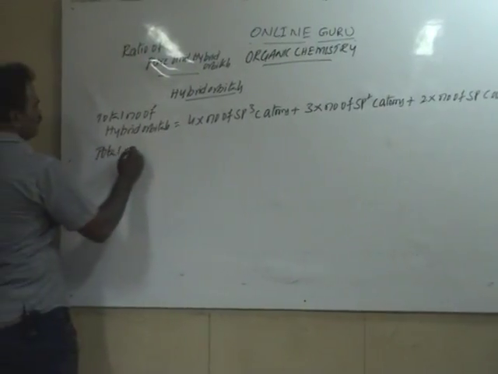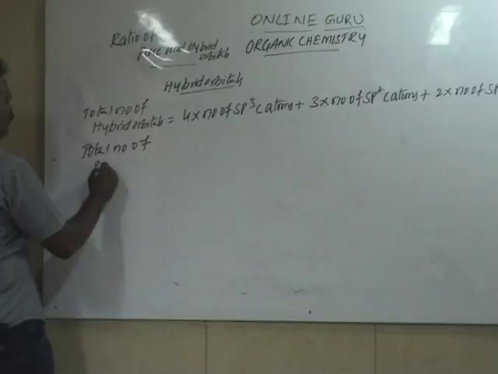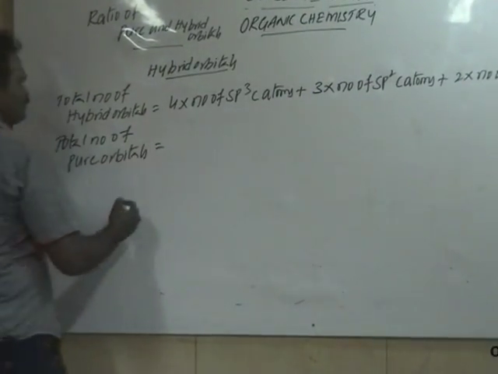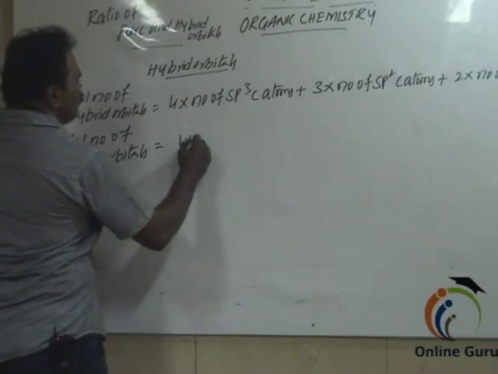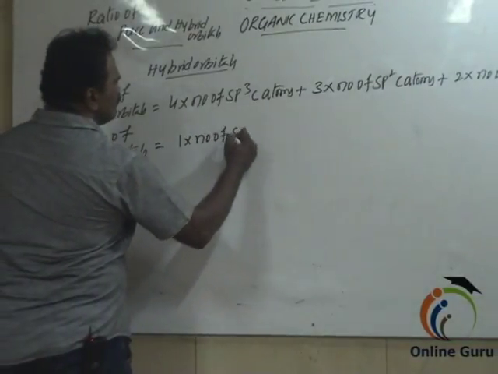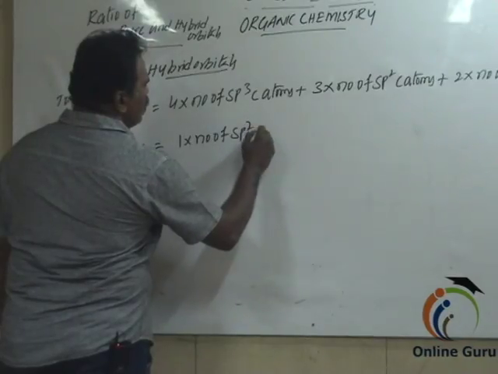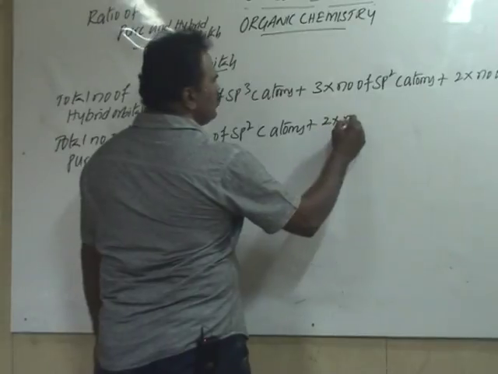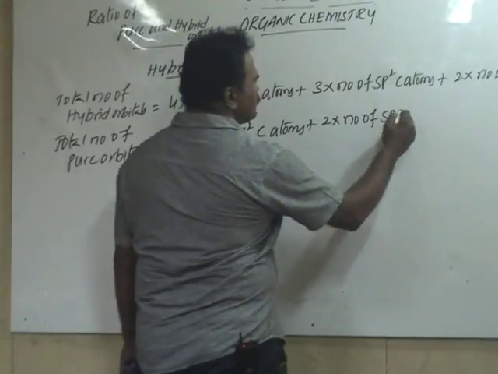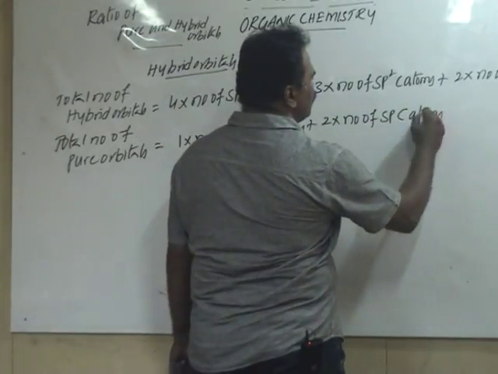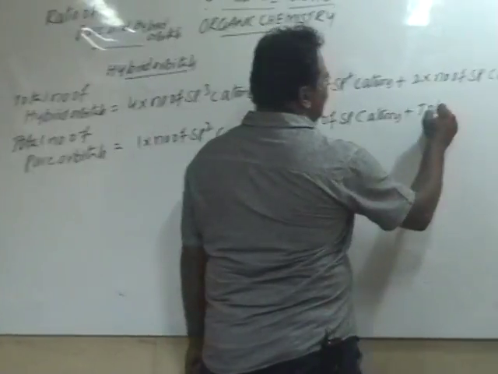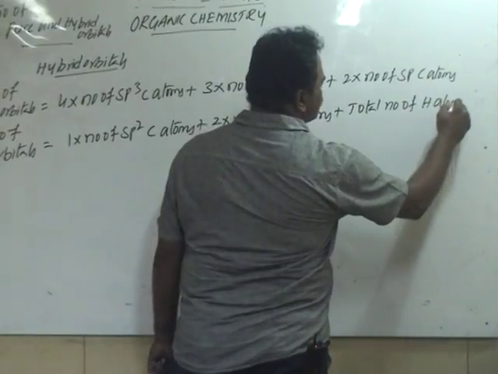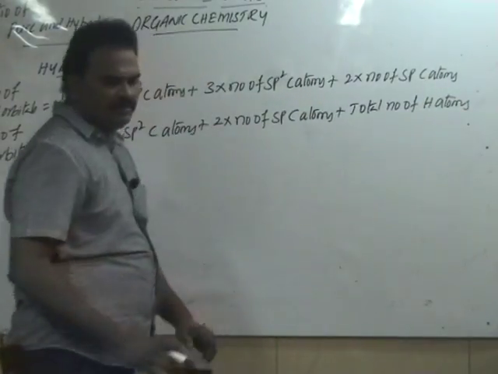Next, calculation of pure orbitals. Total number of pure orbitals is equal to 1 into number of sp2 carbon atoms plus 2 into number of sp carbon atoms plus total number of hydrogen atoms present in a compound.